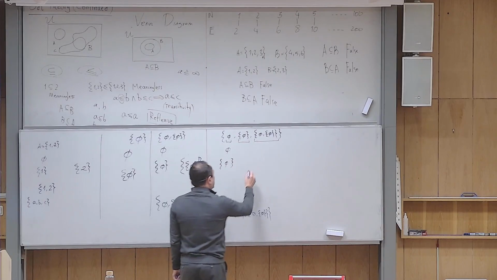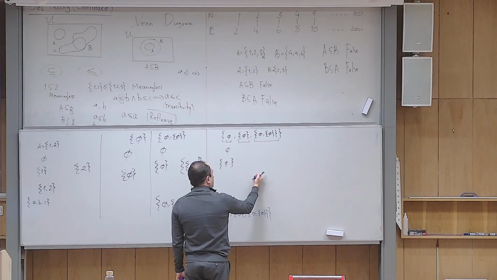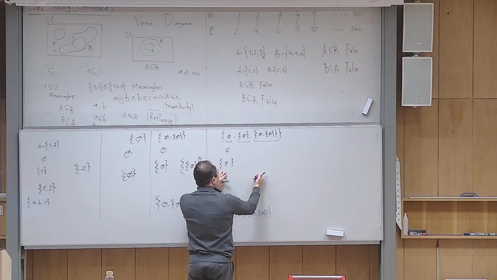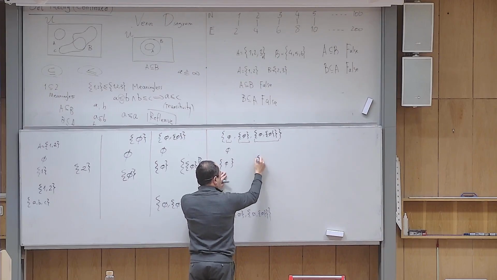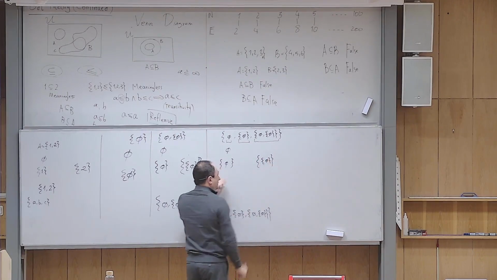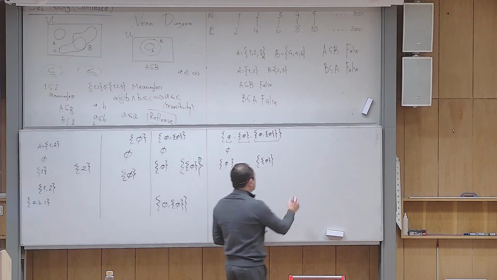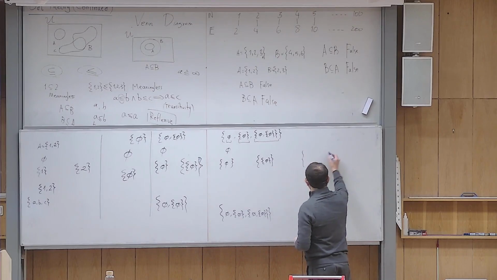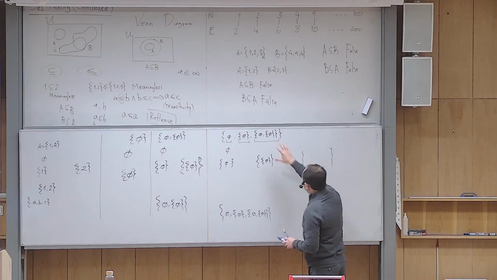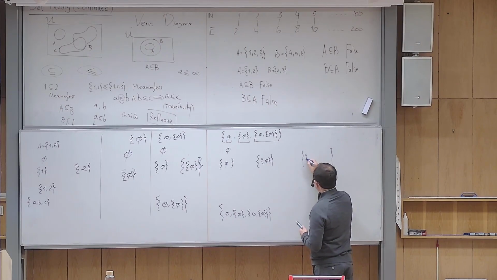But what should I write next? Curly brackets, the empty set. That's the second one. And what is the third one? I open curly brackets, I take the third one and put it here. It's not hard, but you have to be careful about the number of curly brackets that you put there.